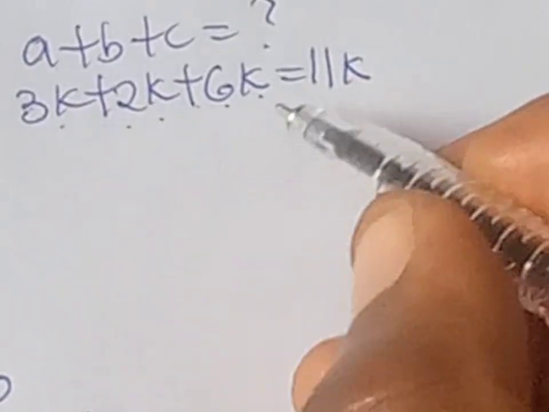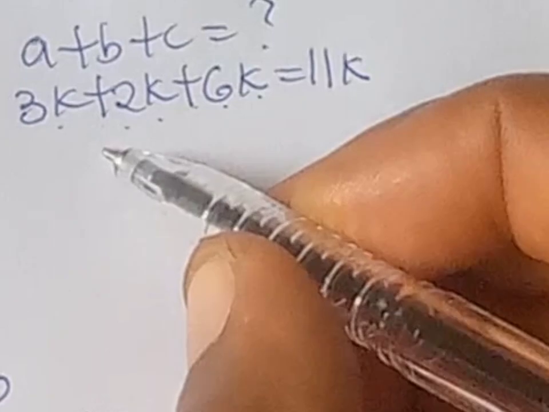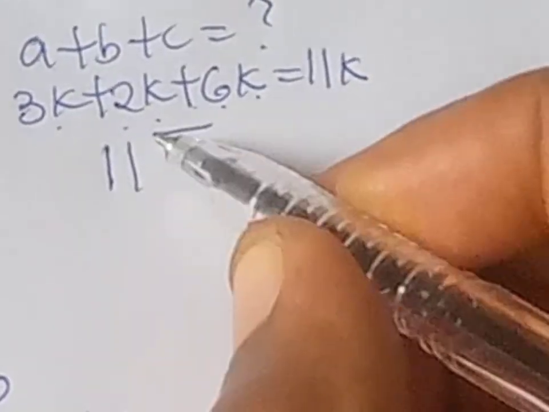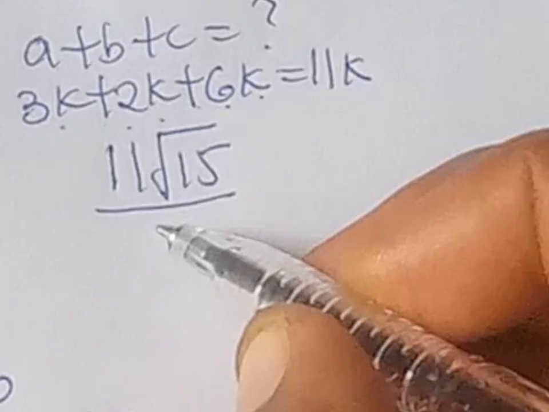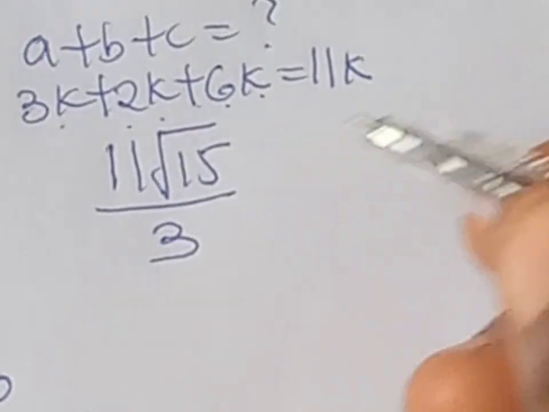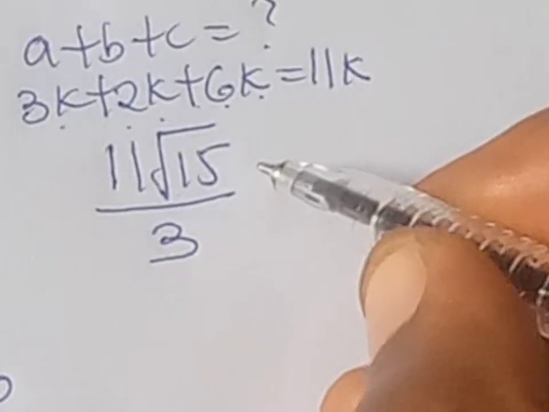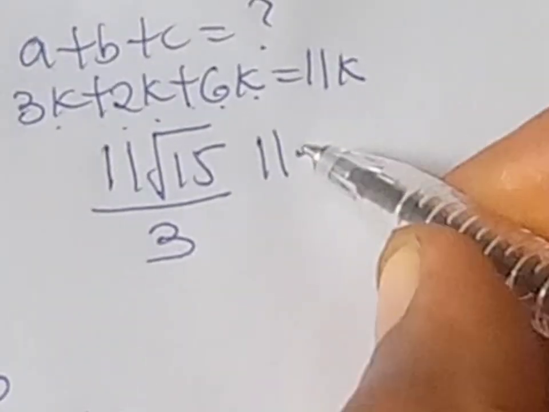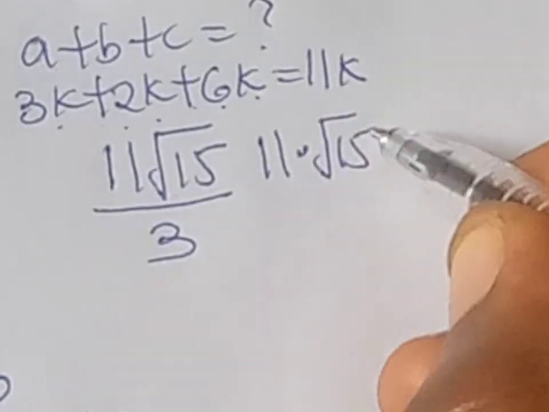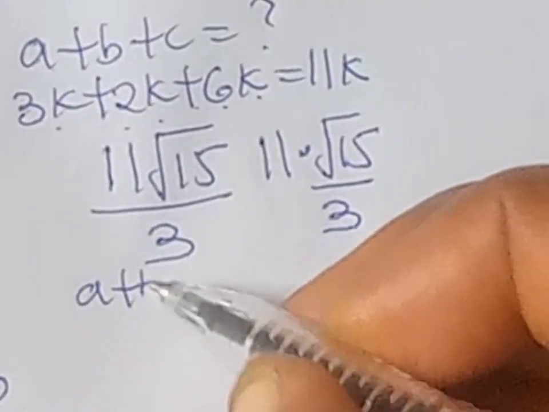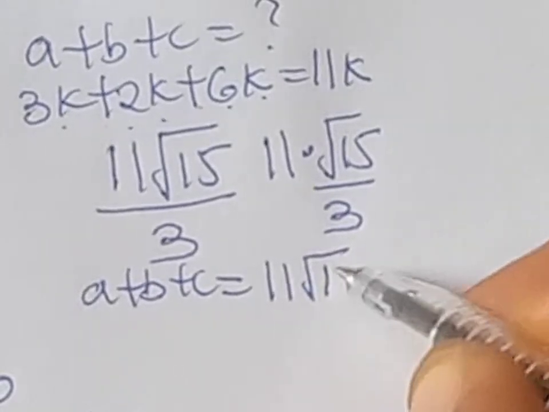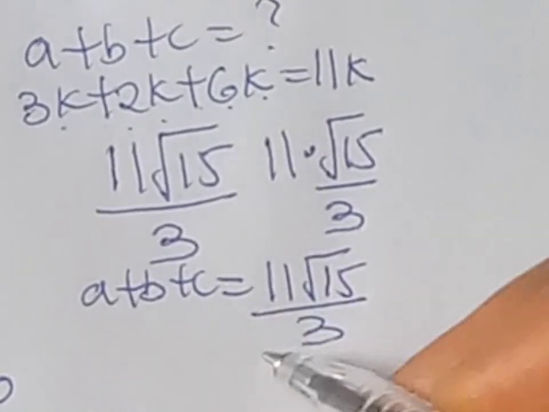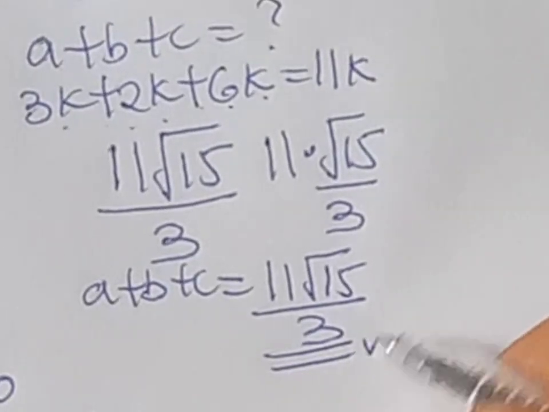Let's substitute the value of k, which gives 11 root 15 over 3 after rationalizing the denominator. Therefore, A plus B plus C equals 11 root 15 over 3. This is our final and correct answer.